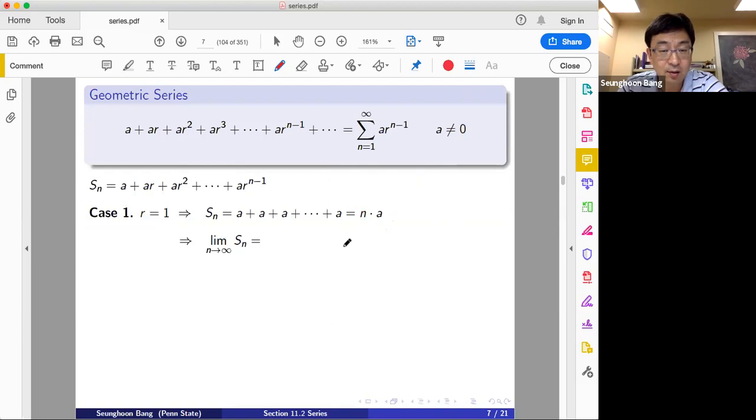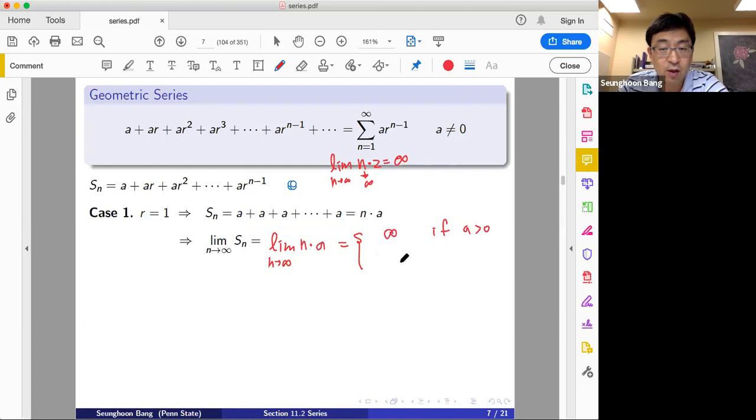Next, take the limit as n approaches infinity of n times a. We have 2 possible answers depending on a. First, a is a positive number. One example is the limit as n approaches infinity of n times 2. N is going to infinity, infinity times 2 is positive infinity.